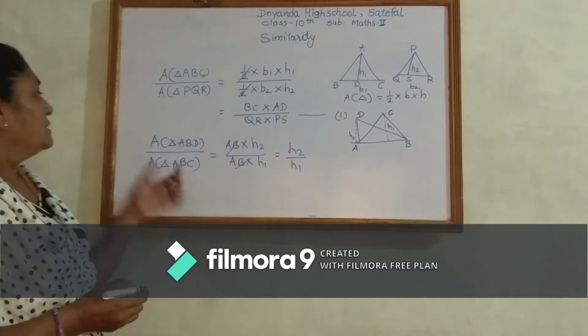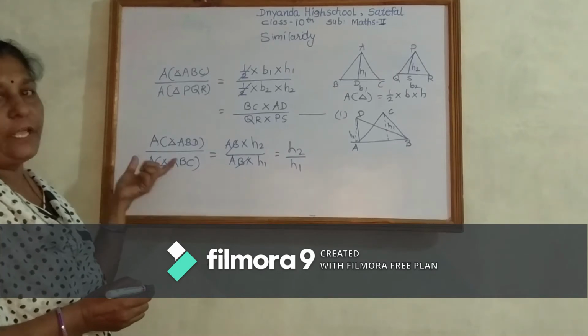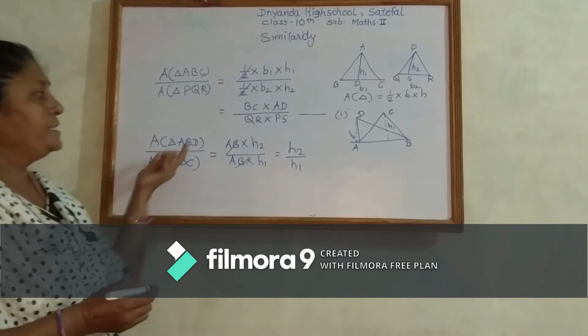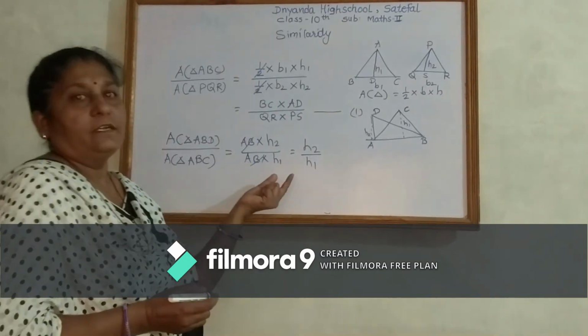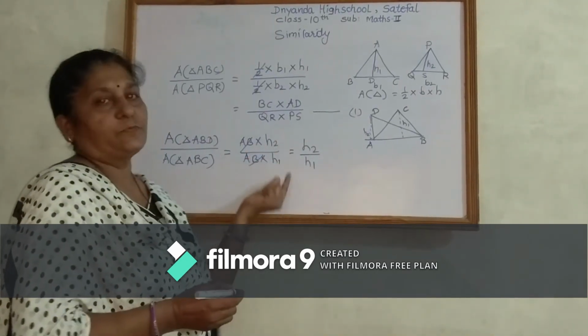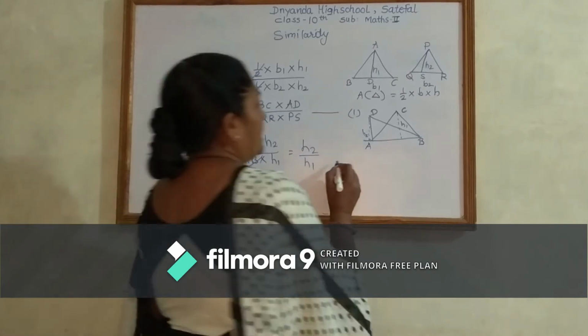That means the ratio of areas of two triangles with the same base is equal to the ratio of their corresponding heights. This is the second property.